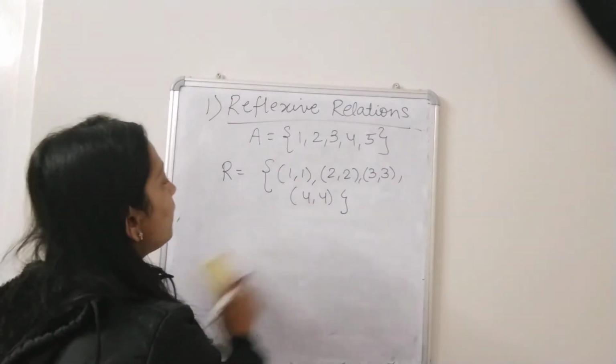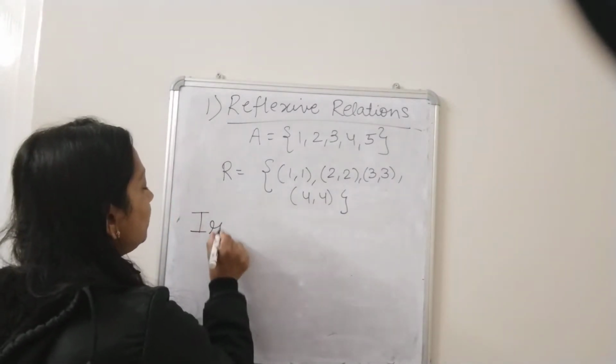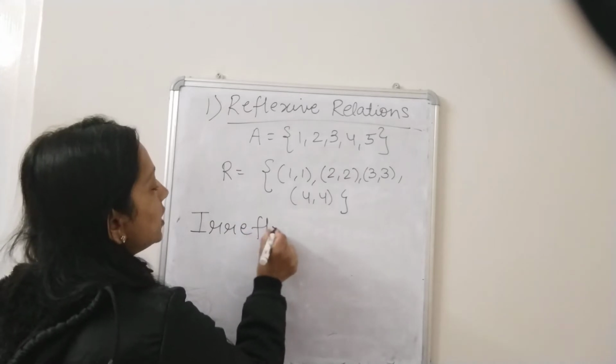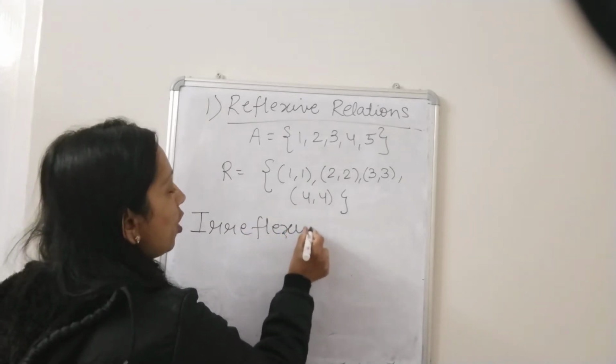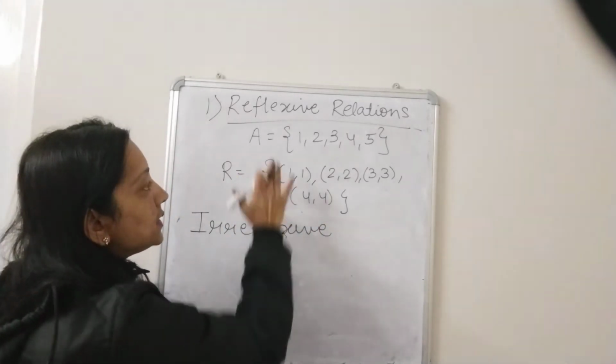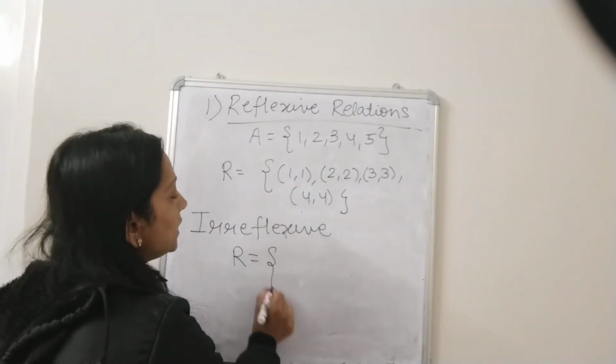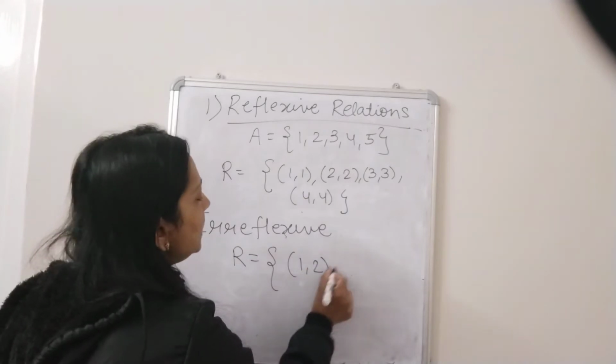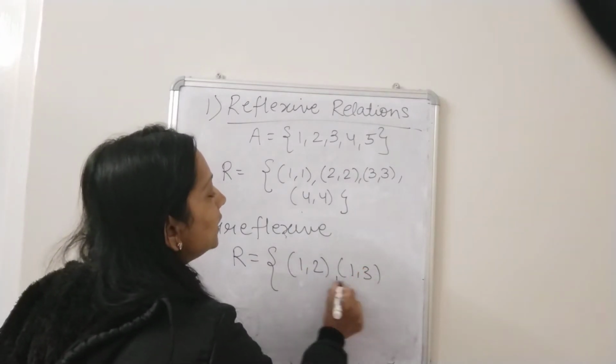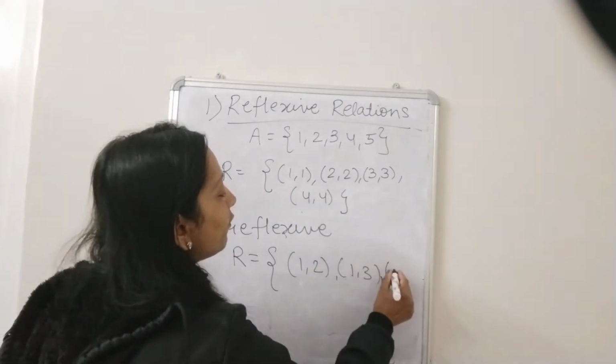Then if I talk of irreflexive, irreflexive is just the opposite of reflexive. If I consider the same set A, then the irreflexive relation will have ordered pairs other than in this format.